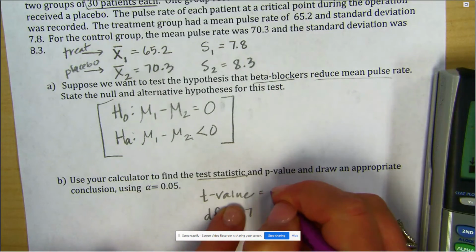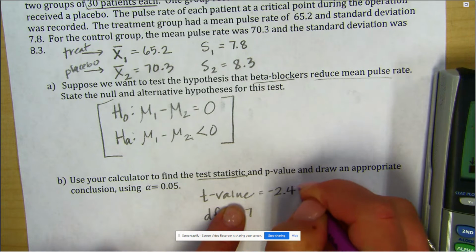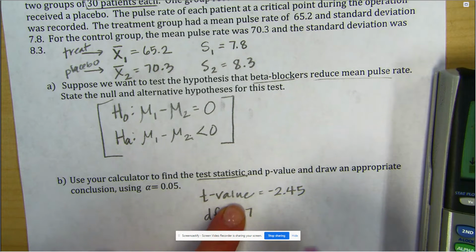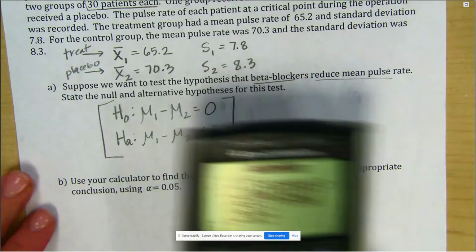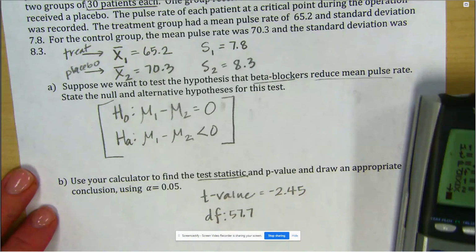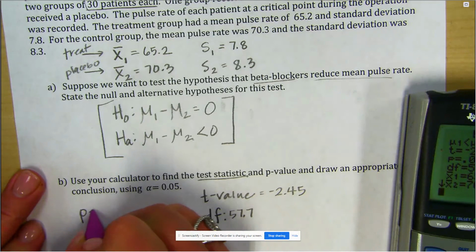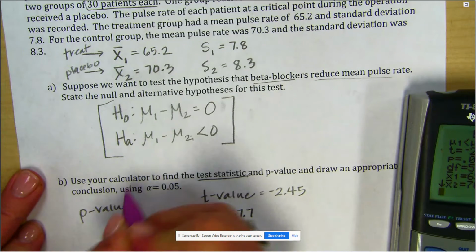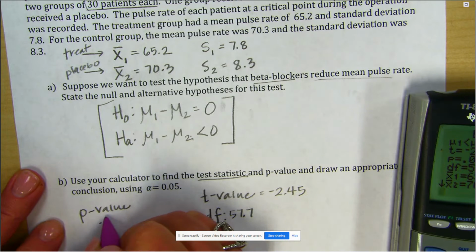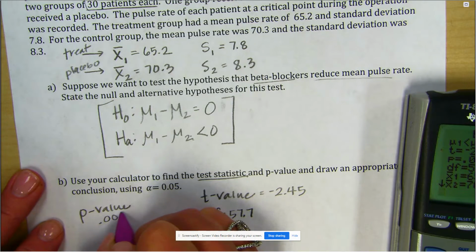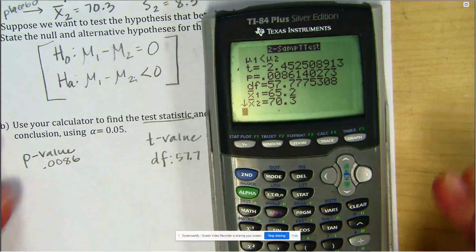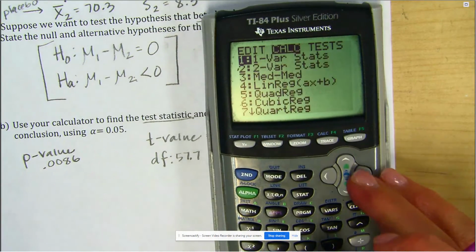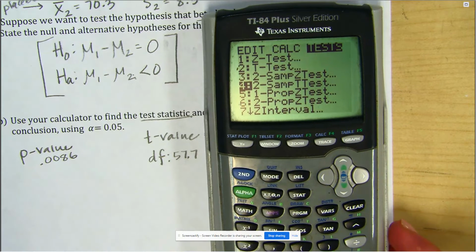That's pretty far away. But it is a t distribution, so that means a little bit less than it does on a z distribution. Let's calculate it, and there's the p-value. Let's draw it.